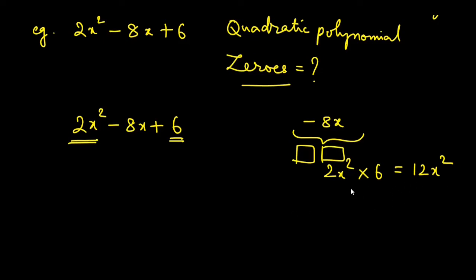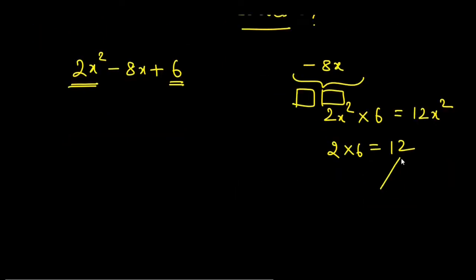We can do it by taking only the coefficients. 2 into 6 is equal to 12. Let us take the factors of 12. 1 into 12: if we add these two, we get 13. So these are not our choice. Then 2 into 6: 2 plus 6 is 8. But we have negative 8 here, minus 8x.